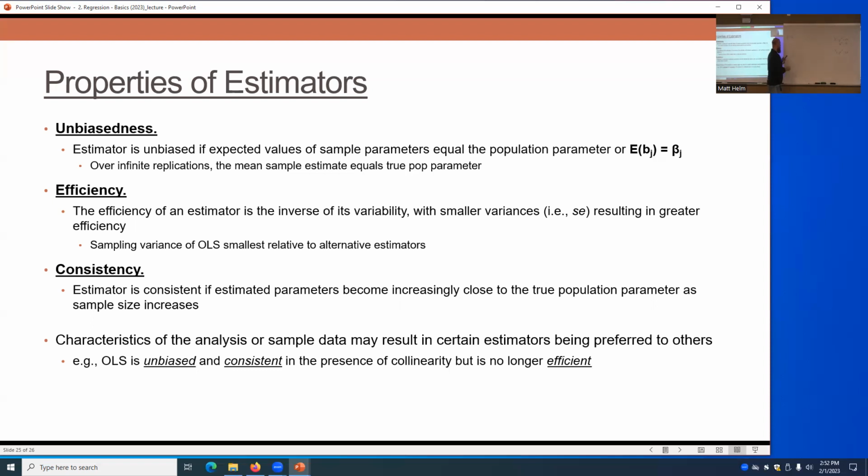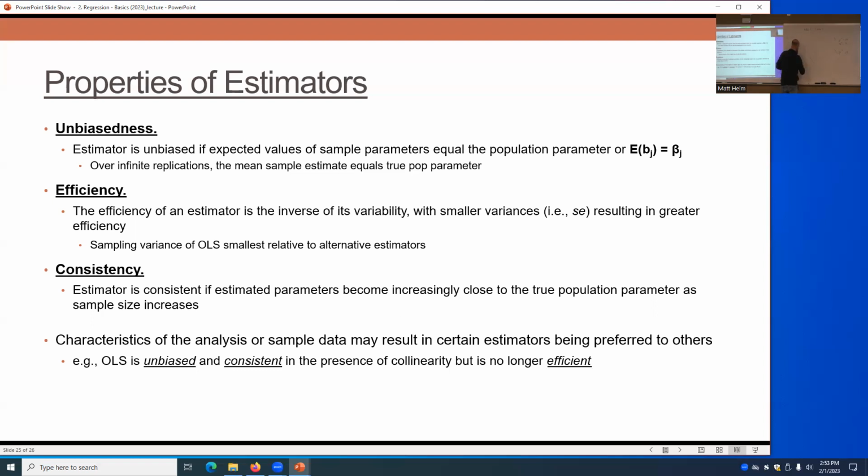For method one, I resample all possible samples of size 100 from the university, and I find my distribution of those coefficients looks something like this.